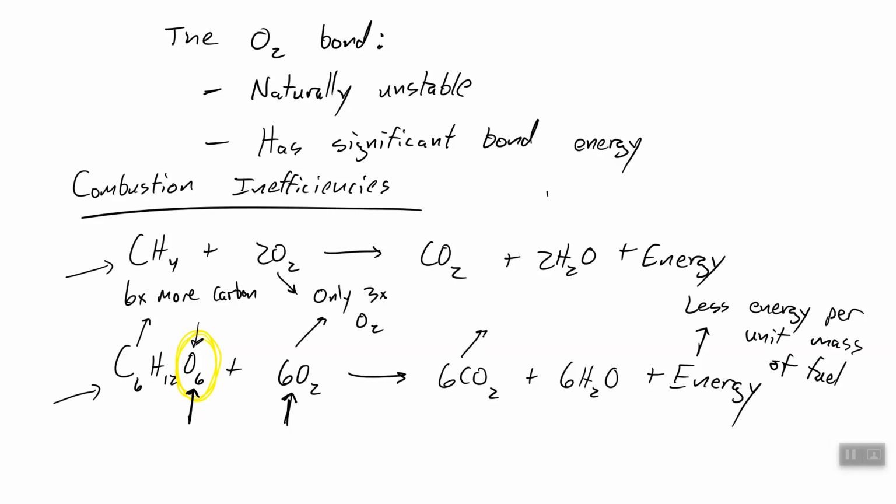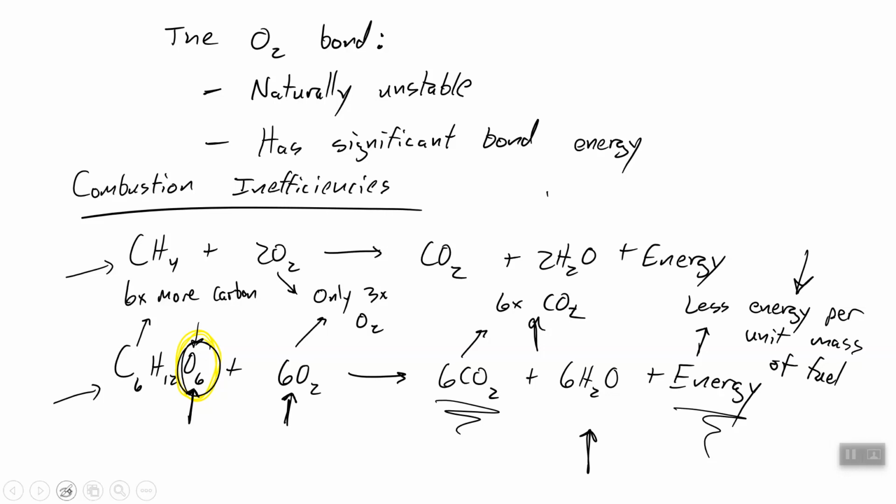However, we still release 6 times the CO2. So we get less energy and we generate essentially 6 times as much CO2. So the amount of carbon dioxide released per unit energy is significantly higher when we have oxygen in our fuel.